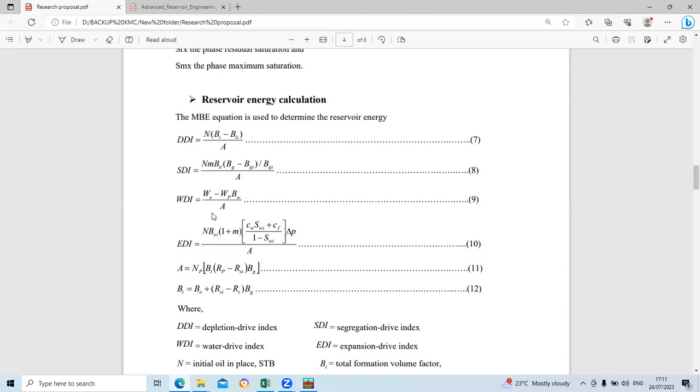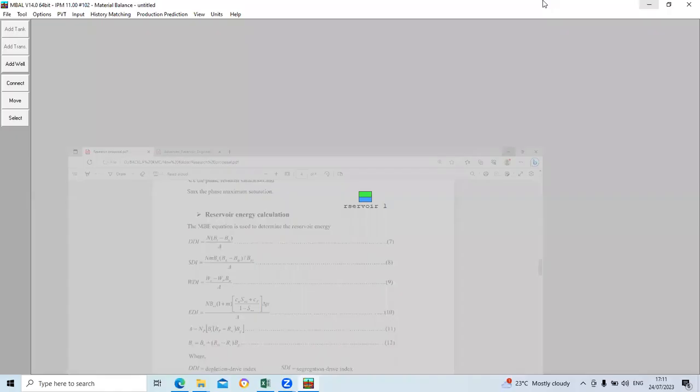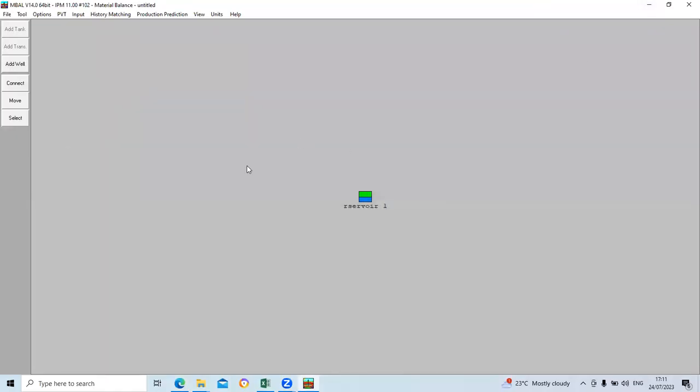So all of these added together equal to 1 forms the material balance equation. So from our production history, the system is able to tell us exactly what the energy of the reservoir has been over the past production.